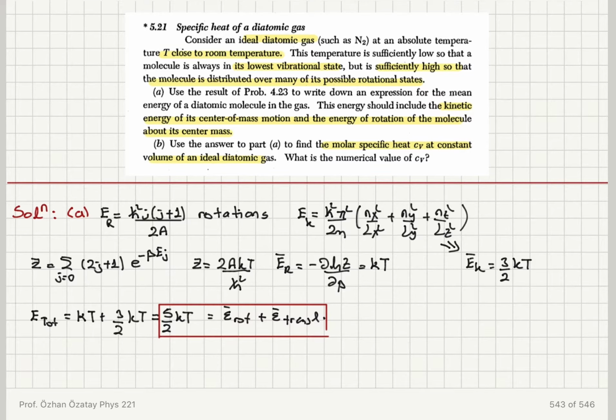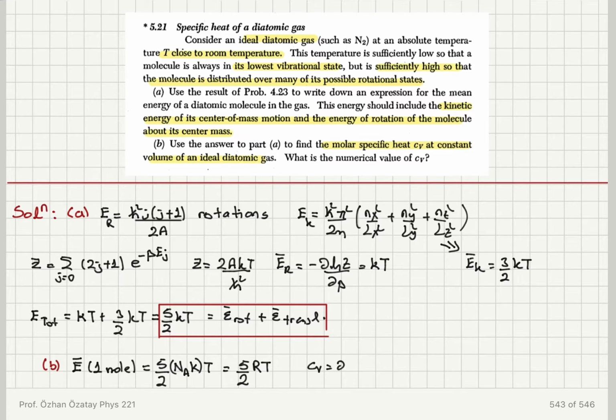Now part B asks for the molar specific heat. For molar specific heat, I need to look at the total energy for 1 mole. So for 1 mole I have 5/2 N_A kT, and remember, Avogadro's number times the Boltzmann constant is known as the universal gas constant R, so 5/2 RT.